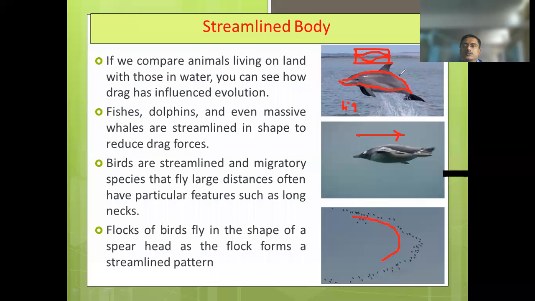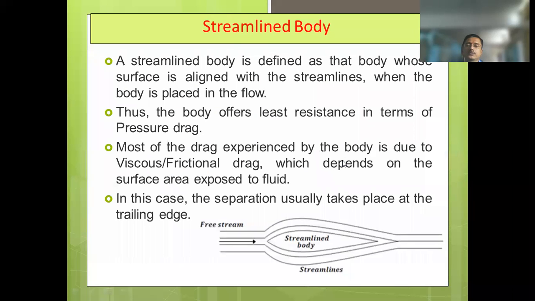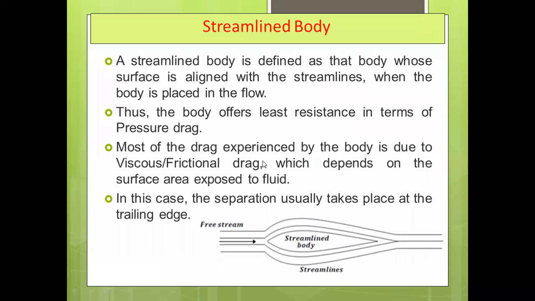So these are the examples of the streamlined body. Okay, so let us now understand in depth the streamlined body. A streamlined body is defined as that body whose surface is aligned with the streamlines when the body is placed in the flow.